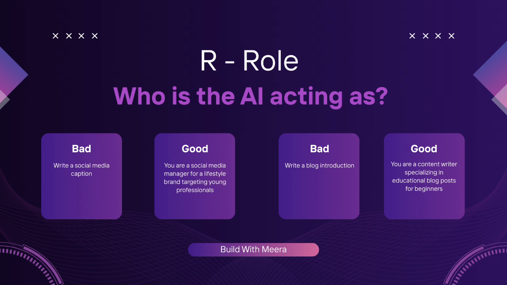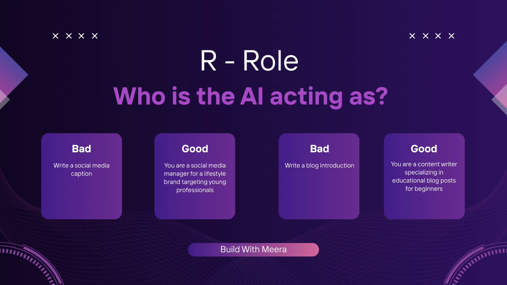Basically, it gives AI a persona to adopt. And by doing this, it narrows the knowledge base of the AI. This already prevents generic outputs because the AI will adopt the characteristics of that persona, which includes the tone and vocabulary, and this ultimately gives accurate outputs.